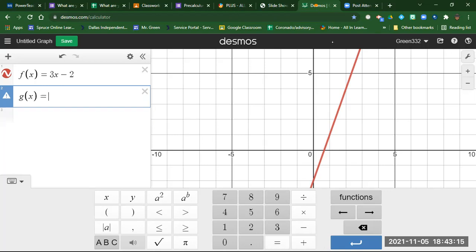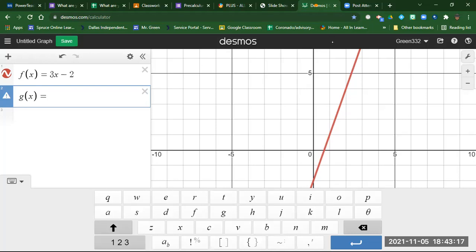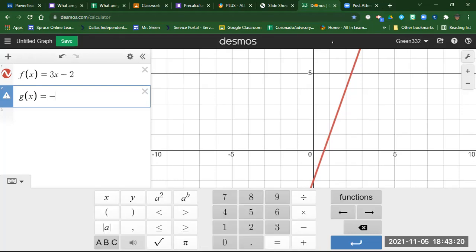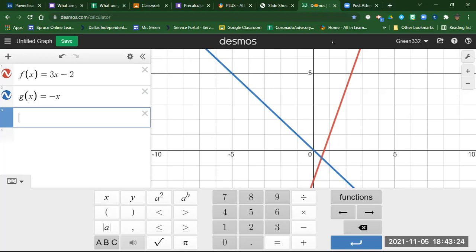g of x equals, I guess I use the negatives, negative x. All right. Well, we want to find it, and again, we're not even worried about this over here.